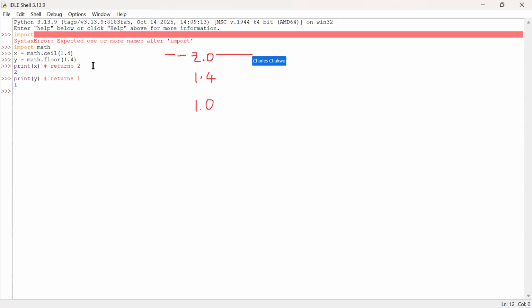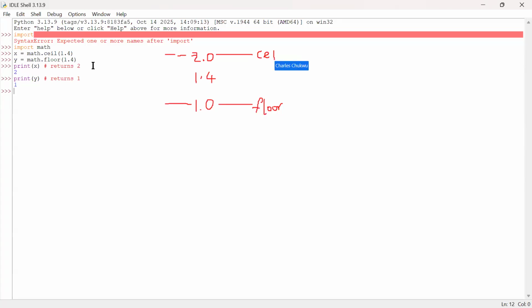So that's why 2.0 is going to match the one that says math.ceil. Ceil is short for ceiling, like roof. Then 1.0 matches the one that's down. So that's the floor, because floor is usually at the bottom, isn't it? Yes, sir. So that's why this one is down. That's what you're calling rounding down, and this ceiling is the one you call rounding up.